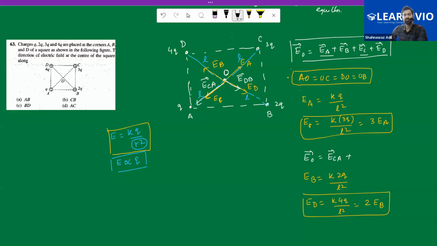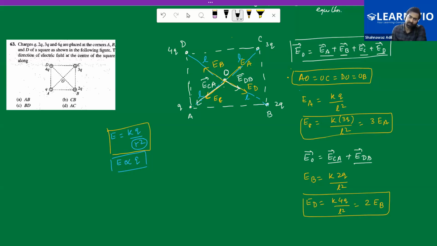Is it clear? Yes, sir. It's clear. Okay, now I want to find out the net electric field. So I have counted out these two things as well, and this would be EDB. So these are the two contributions that will be added, right?